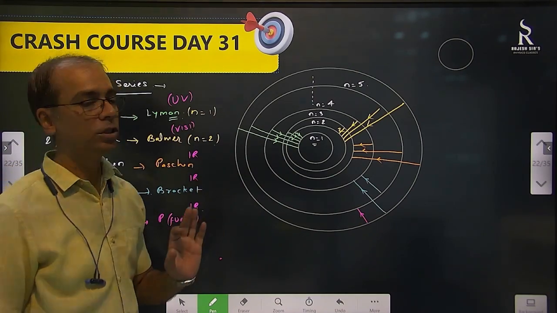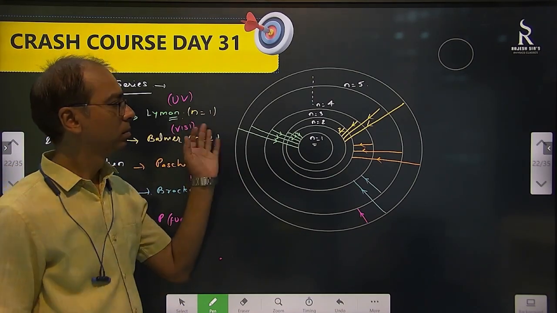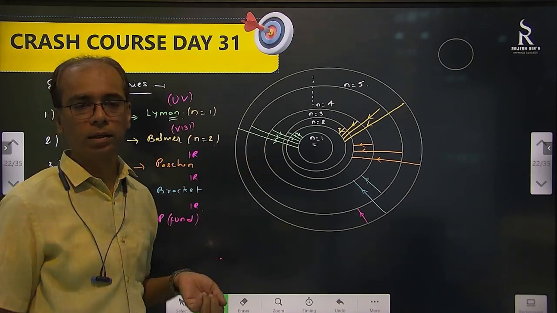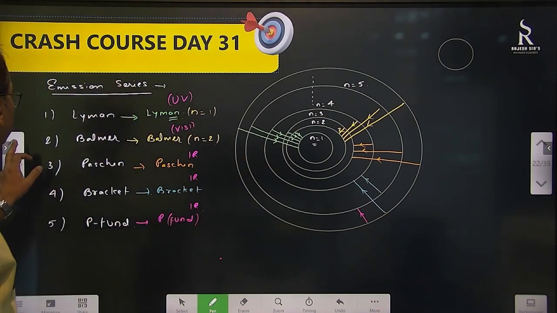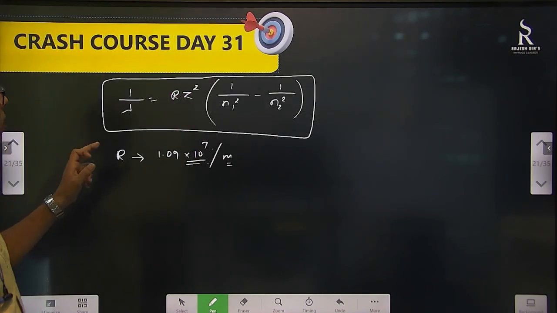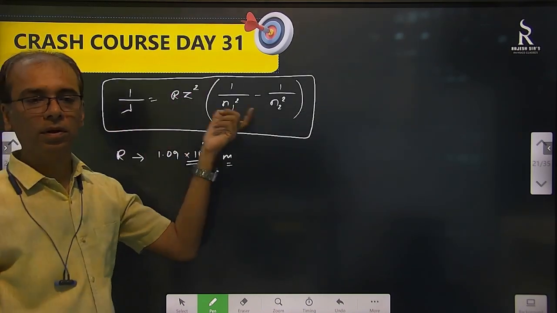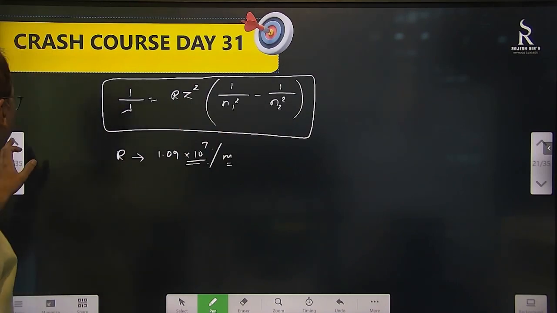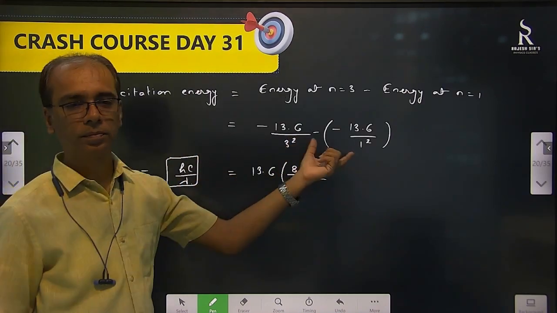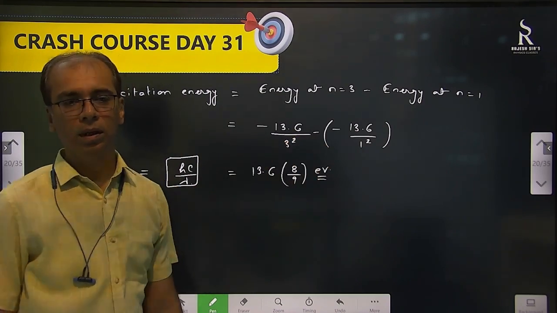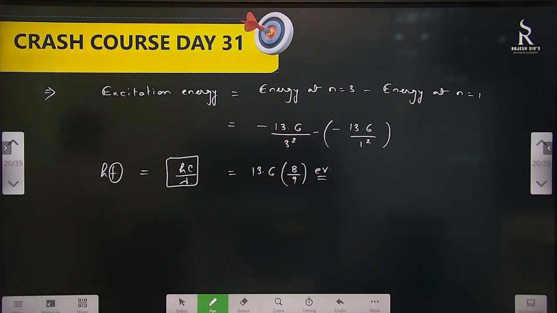So this is the emission spectrum of hydrogen-like atoms. How to find the energy, we have already discussed. This is the way we find the wavelength of the photon, and this is the way we find the energy difference. So this is what we have in the atom theory part.